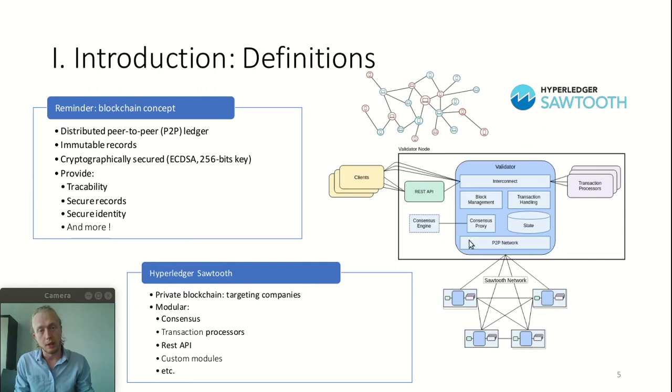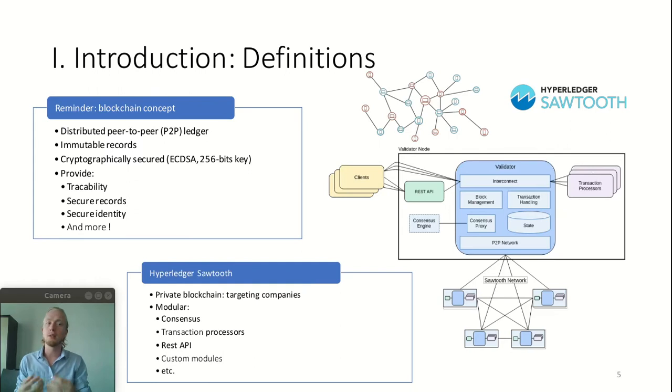Around the validator we have modules, such as the REST API. The REST API is the interface for the client to the blockchain using HTTP. And we have other modules such as the transaction processors. Transaction processors are analogous to smart contracts.